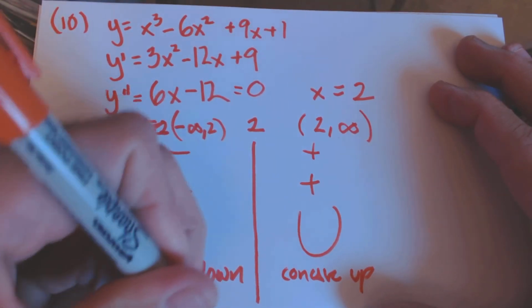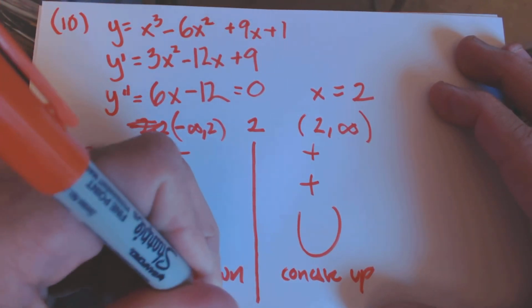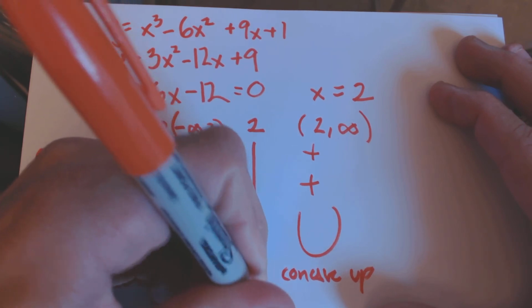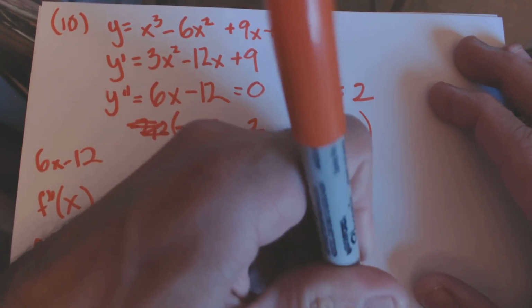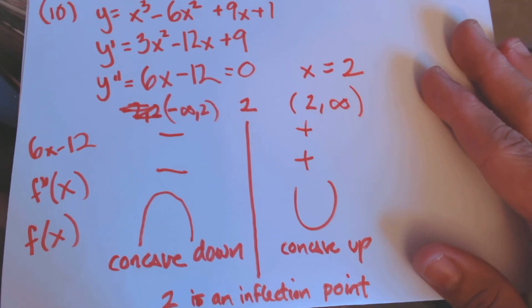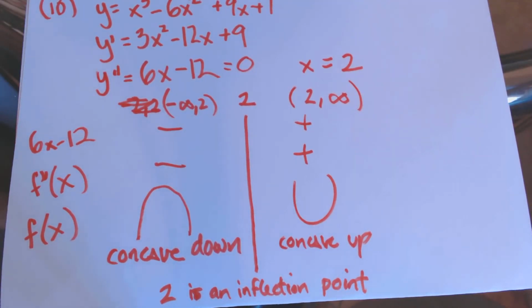And thus 2 is a point of inflection. Again, that means that as the function passes through x equals 2, it shifts from being concave down to concave up. And we are done with problem 10.